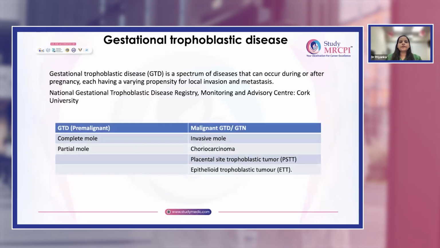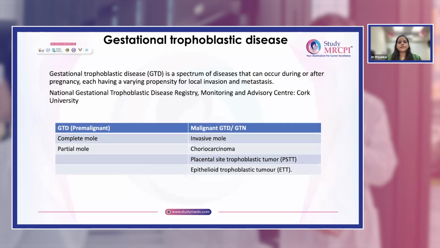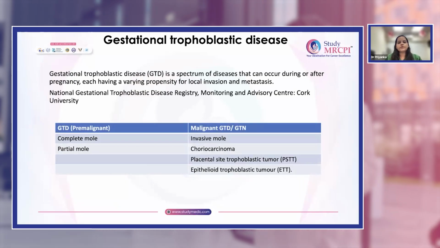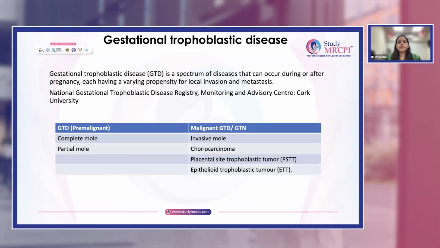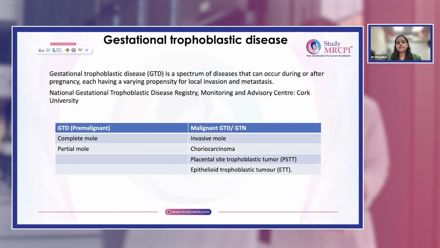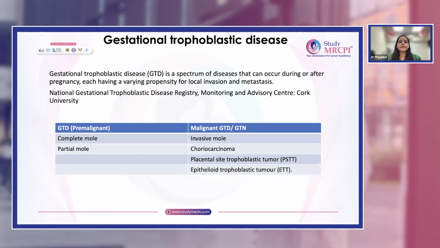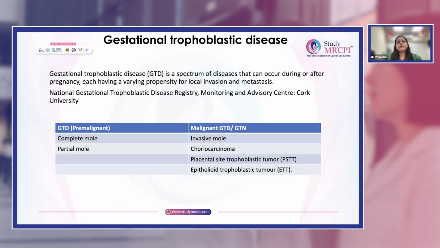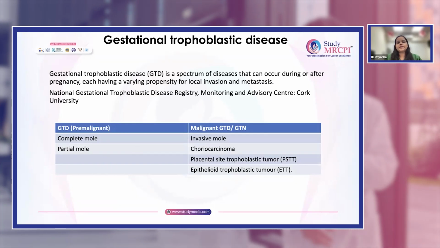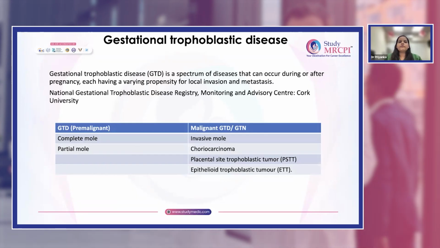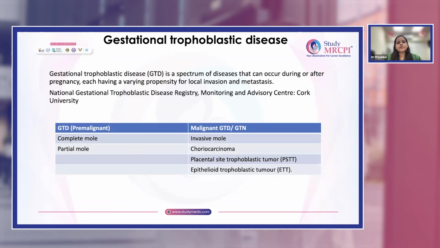So first, coming to gestational trophoblastic disease, that's a spectrum of disorders which involves multiple classifications that are divided into pre-malignant and malignant lesions. What does gestational trophoblastic disease cover? It covers the complete mole and partial mole.